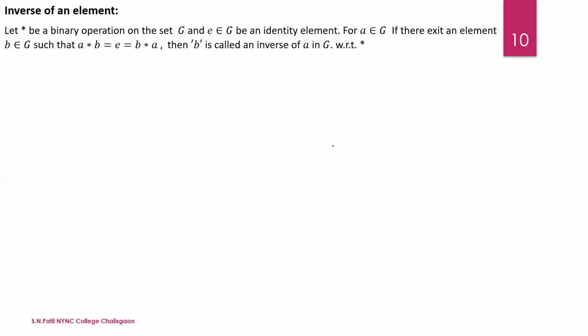Now next, inverse of an element. Let star be a binary operation on the set G and let E, which belongs to G, be an identity element. For A belongs to G, if there exists an element B such that A star B and B star A are equal to E, then B is called an inverse of A with respect to the star operation.